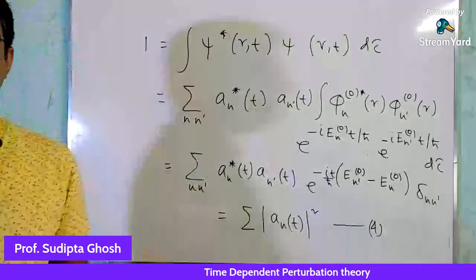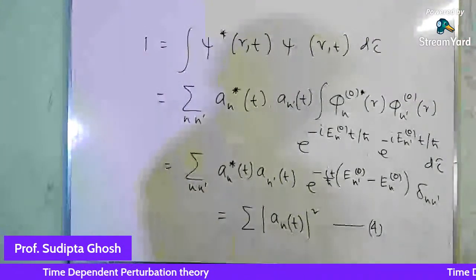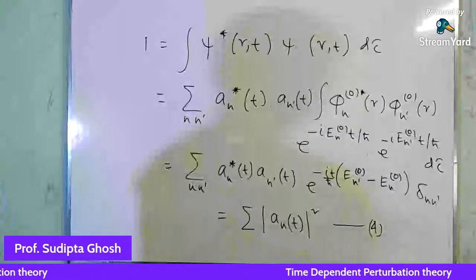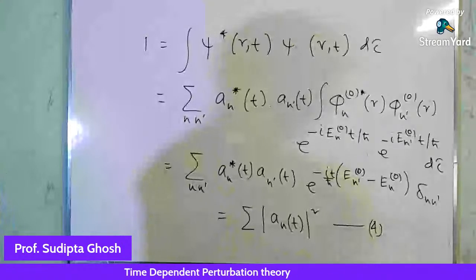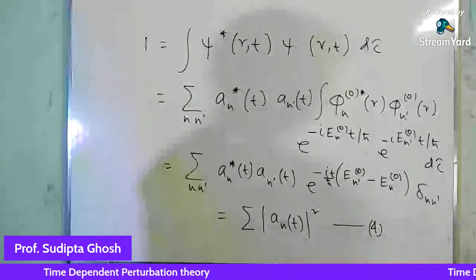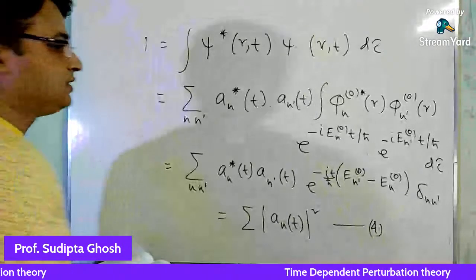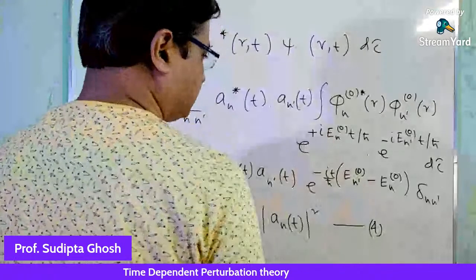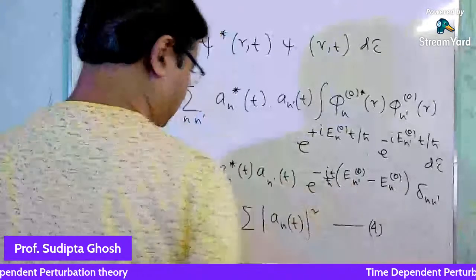Is it clear? Since this is a complex conjugate, it should carry a plus sign, and then the exponential, yes, this is all right.